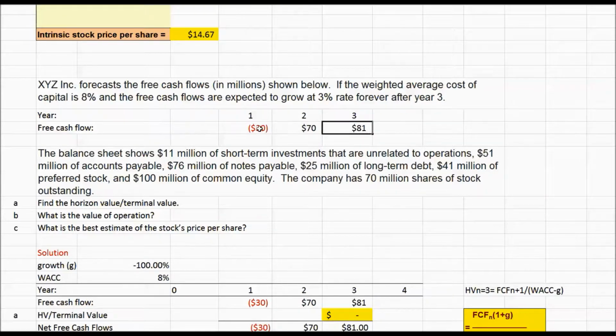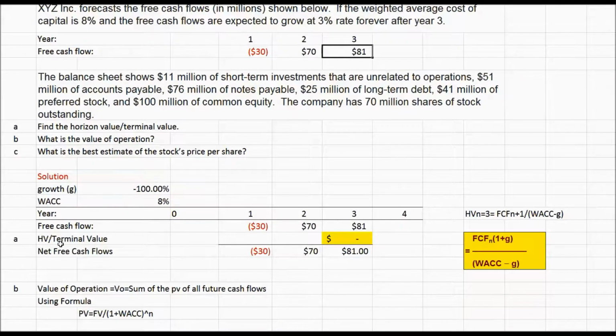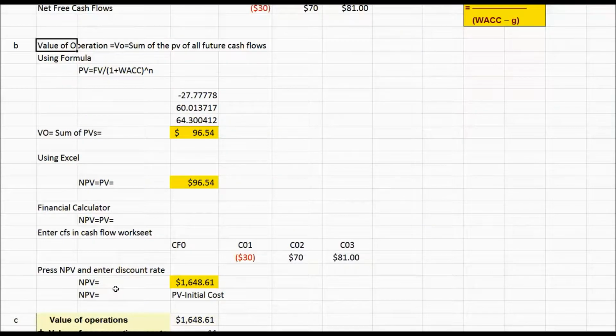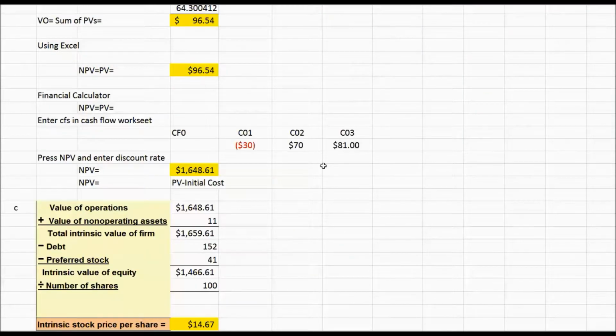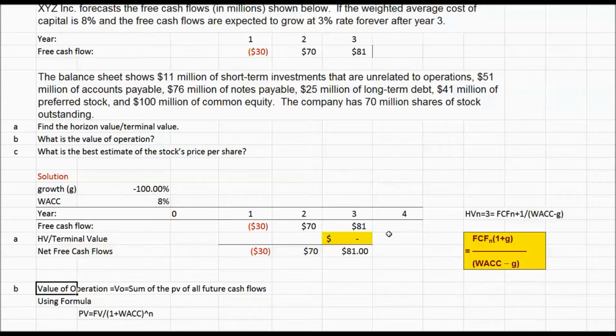You have cash flow 1, 2, 3, but after year 3 you don't have cash flows; those cash flows are going to grow by 3% forever after year 3. How do you find this terminal value? How do you find the value of operation? How do you find the intrinsic share value? Let's work on it.